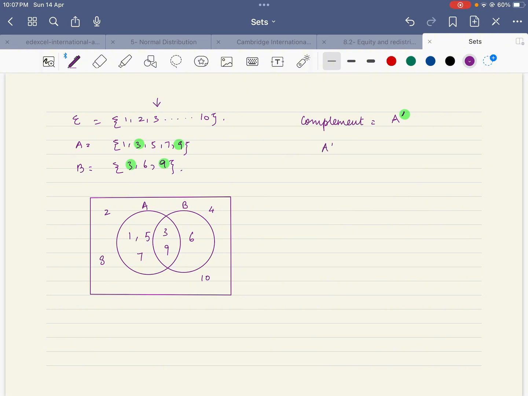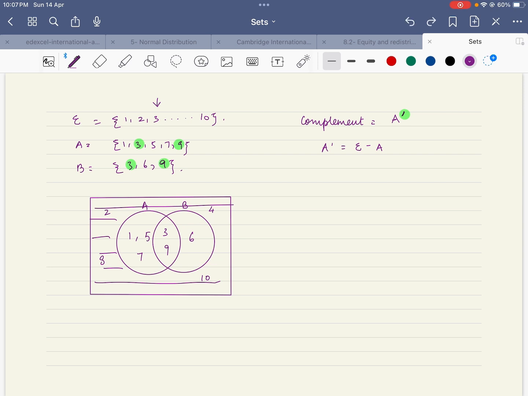A complement means universal set minus A, and when you shade it, it is everything except for A. Whatever portion is of A you will leave that out and you will shade everything except for A, which means it will be shaded like this, and you will have to let go of the middle portion, the common one as well. This is A complement.